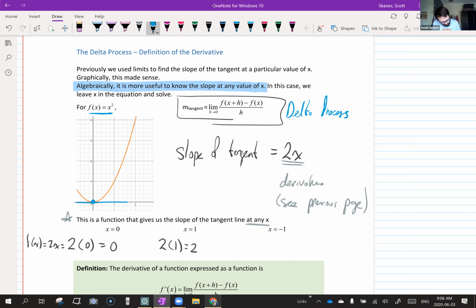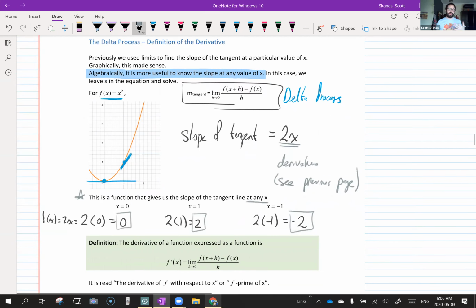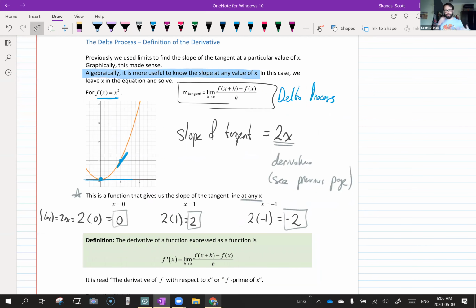So when x is 1, the slope is 2. At x equals -1, we don't even need the graph. Just put in -1. We know the slope there must be -2. So these are our answers. It gives us the slope at any point, no matter what point we put in.